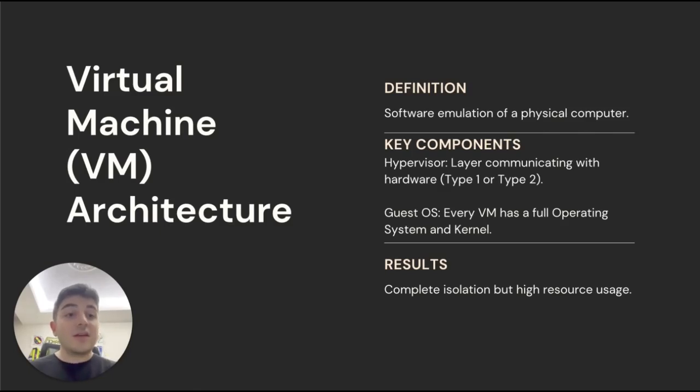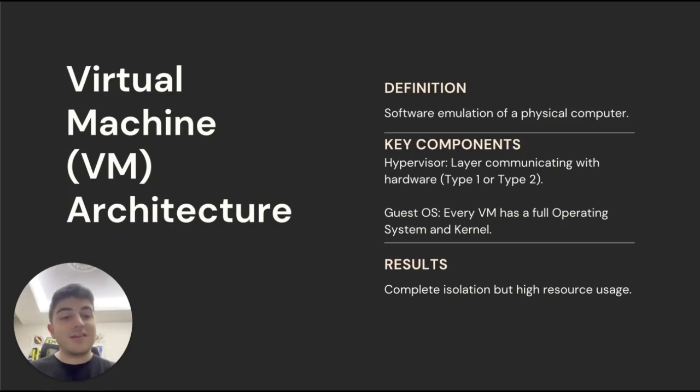And second, and most importantly, is the guest operating system. Please pay attention here. Every single virtual machine includes a full operating system, like Windows or Linux. This includes its own kernel, its own drivers, and its own libraries. So, what is the result of this architecture?